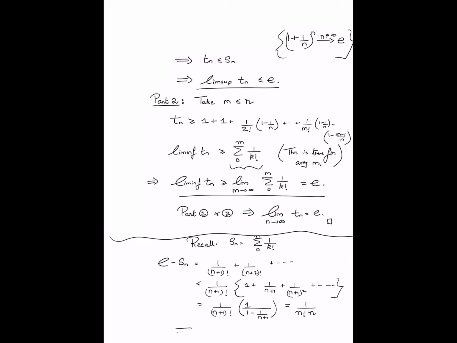So the moral of this calculation is that E minus Sn is sandwiched between 0 and 1 by n factorial into n.